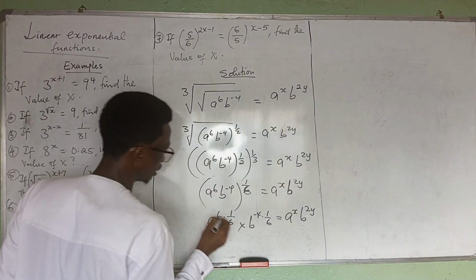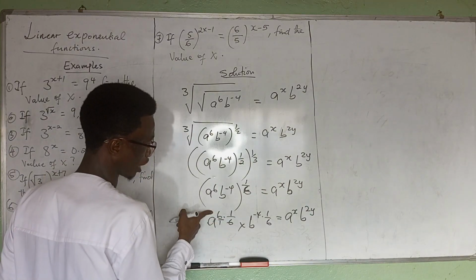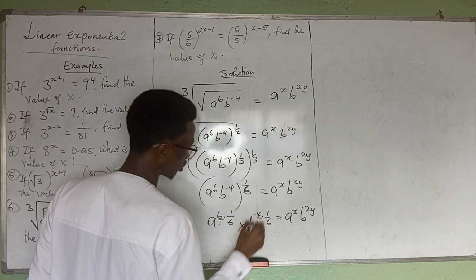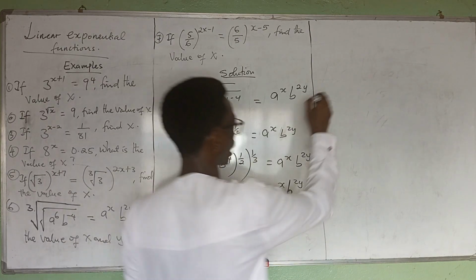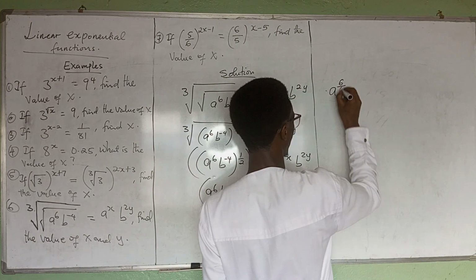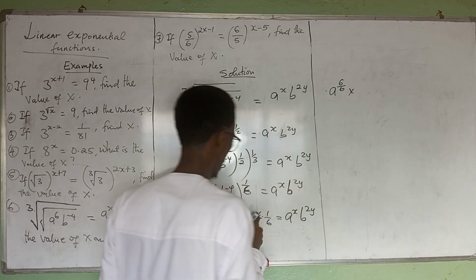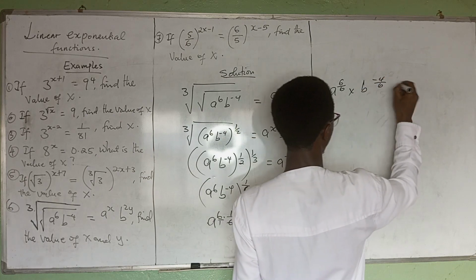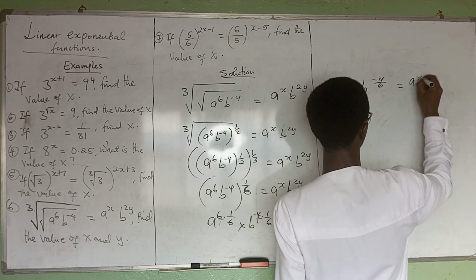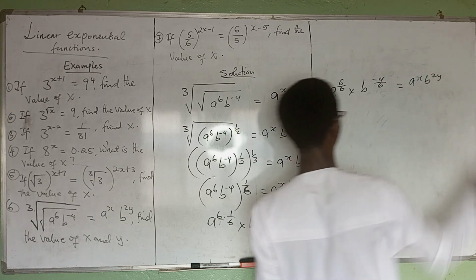Now this is the numerator and denominator, this again numerator and denominator. So you multiply this, becomes 6 divided by 6. So that becomes a to the power 6 divided by 6, multiplied by b to the power minus 4 divided by 6, equals a to the power x, b to the power 2y.